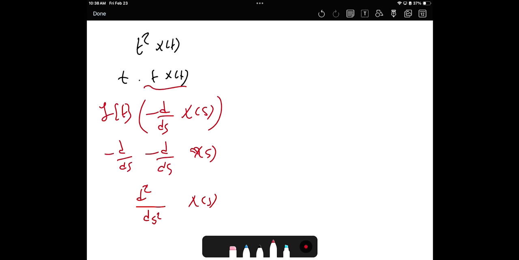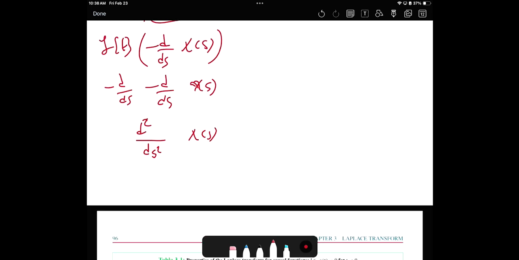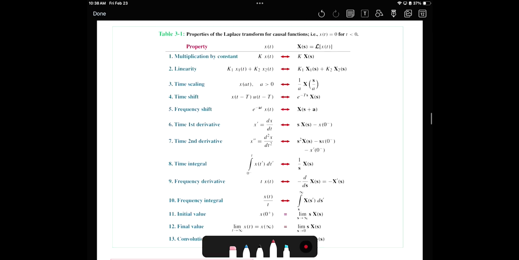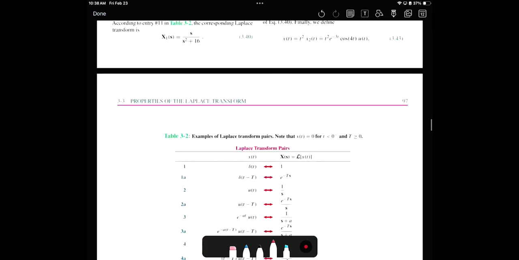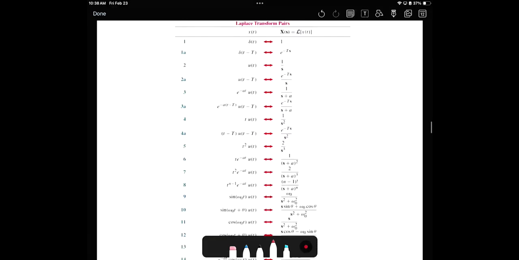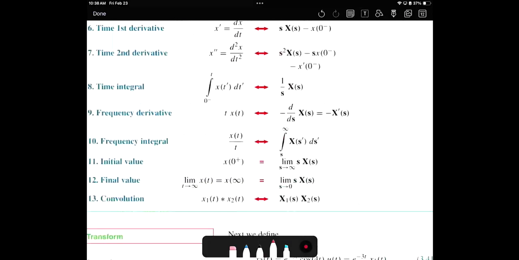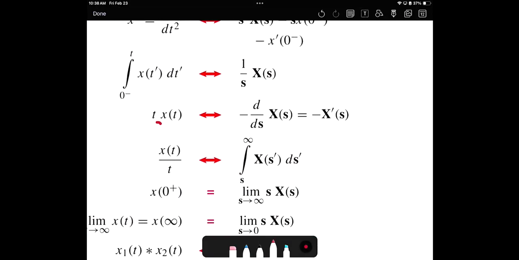Then the same thing for the integral. If you have 1 over t squared, then there will be a double integral. Or if there is 1 over t cubic, a triple integral, and the same thing for higher orders. This is, by the way, the tables, table 3.1, 3.2. Just for your information, that's when we have t x of t, 1 over t.